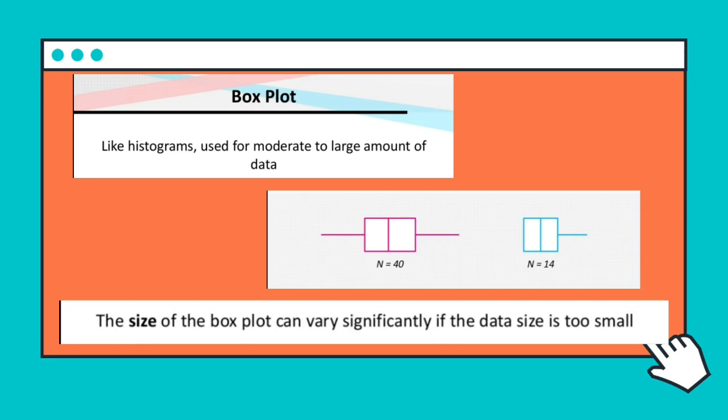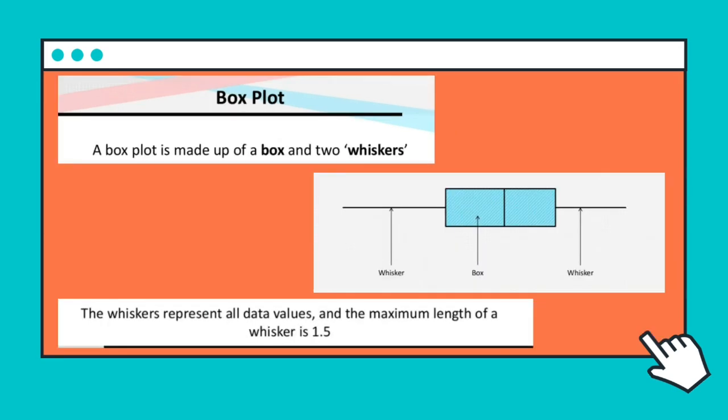Like histograms, used for moderate to large amounts of data. The size of the box plot can vary significantly if the data size is too small. A box plot is made up of the box and two whiskers. The whisker represents all data values, and the maximum length of a whisker is 1.5 times the interquartile range.